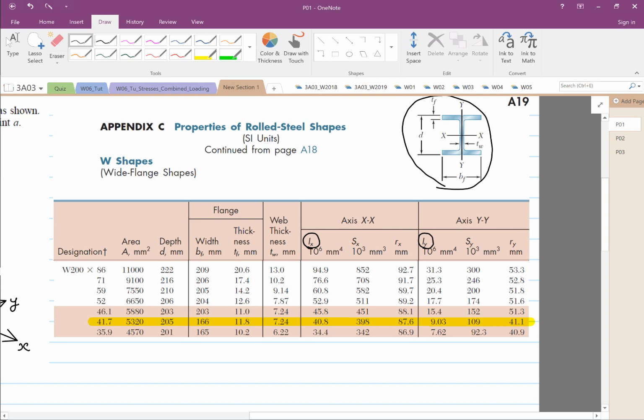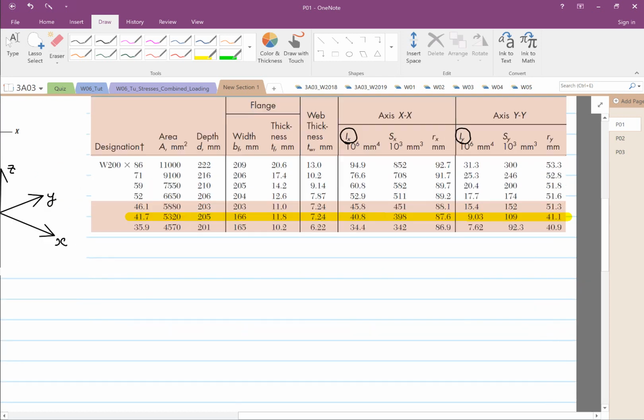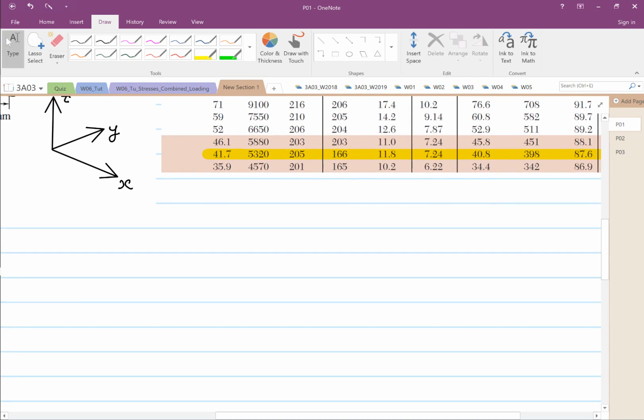Okay, so the general formula that we're going to use is stress in the Z direction is equal to P over A. So for this case, it's Pz over A, so that's why you need to know the area, plus the moment about the y-axis over Iyy multiplied by x, plus Mx over Ixx multiplied by y.